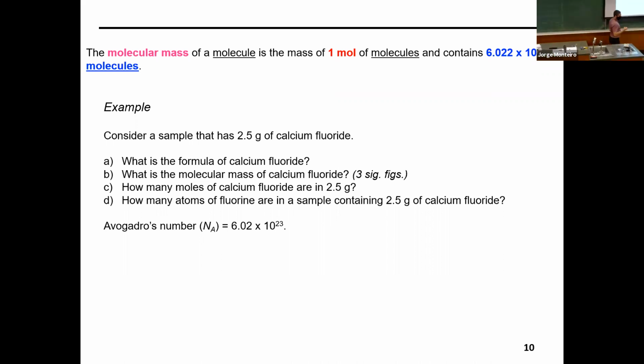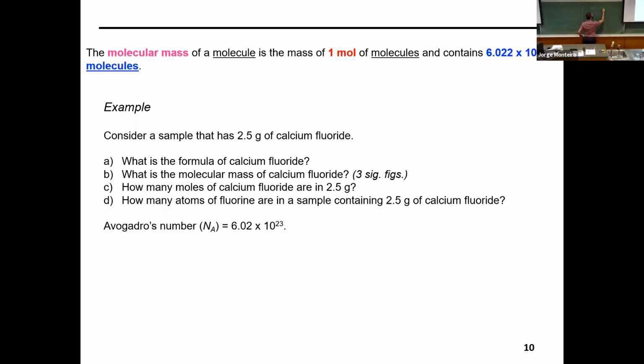Now that you correctly identified the formula, next step is quite simple. Let's determine the molecular mass of calcium fluoride. 1 atom of calcium, 2 atoms of fluorine. The molecular mass for calcium fluoride is going to be the mass for calcium, so let's limit this to 3 significant figures, 40.1.